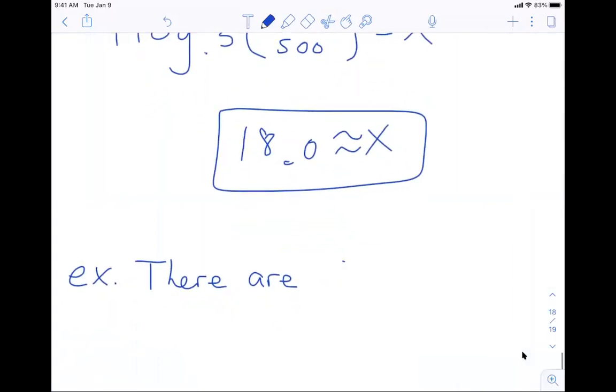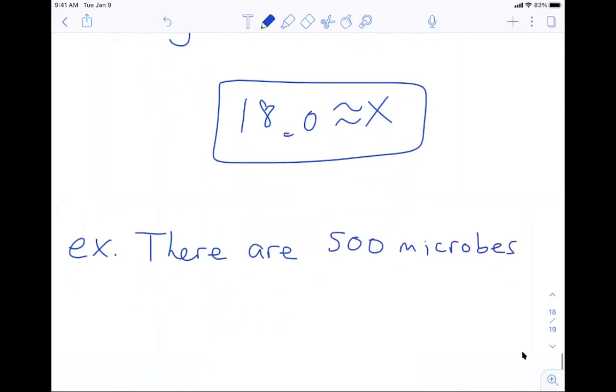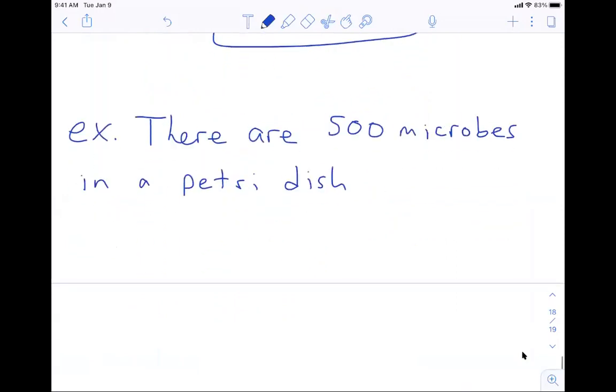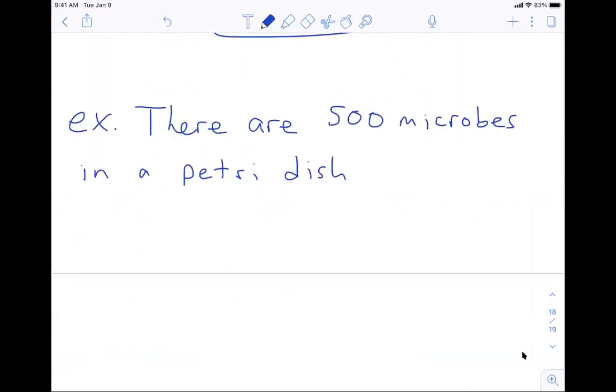All right. So there are 500 microbes in a petri dish with a half-life of 4 hours.